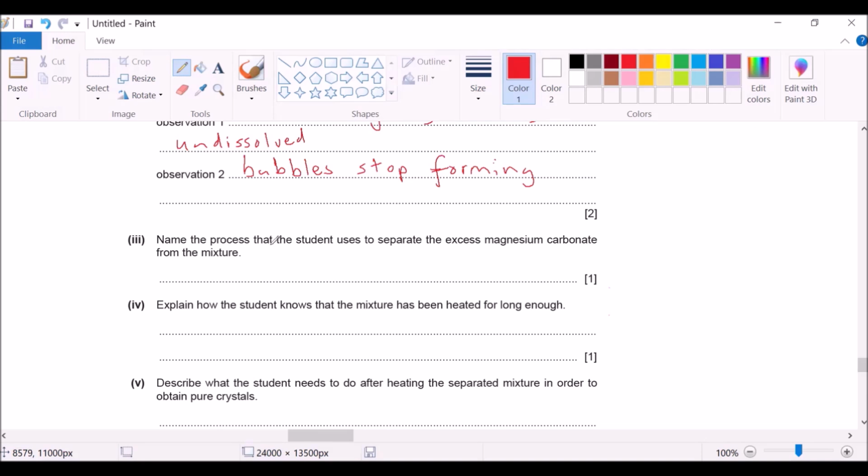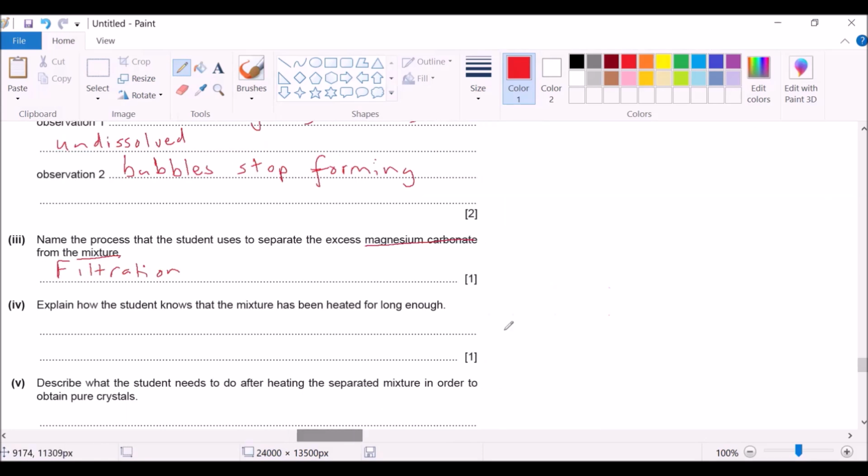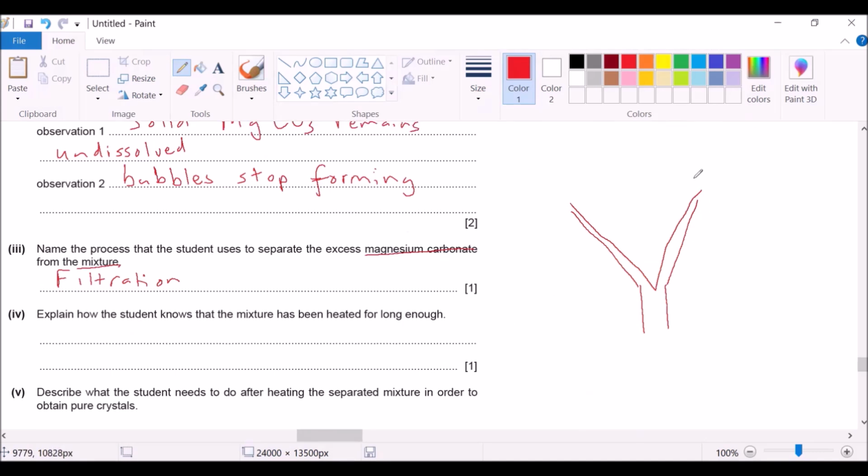Name the process that the student uses to separate excess magnesium carbonate from the mixture. Filtration. In this process of filtration, we use a funnel and a filter paper inside it, then pour in our contents. The solid magnesium carbonate will remain there.